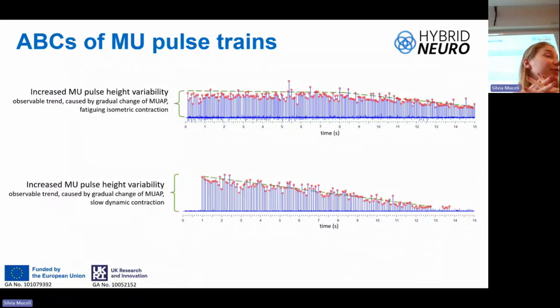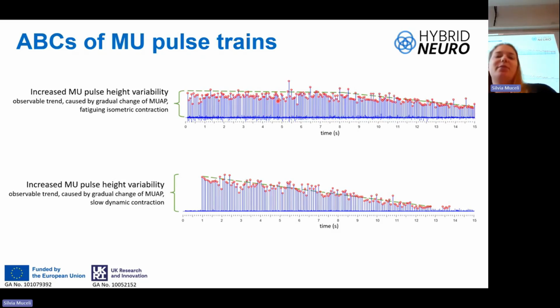As already mentioned before, some changes in motor unit pulse train height are expected, especially during fatigue and dynamic contractions. In the first example, we have a fatiguing contraction, and we can see that the motor unit pulse train had pretty much the same amplitude till the 8th second, and after that, it slowly decreased.